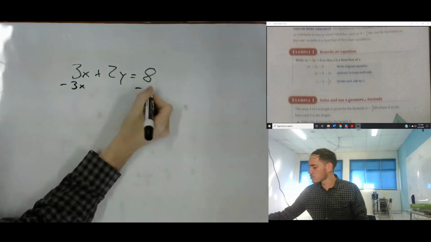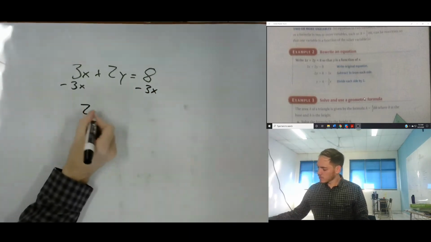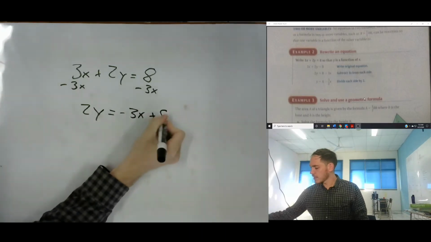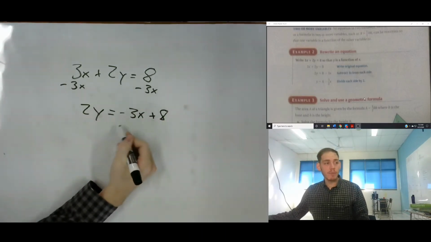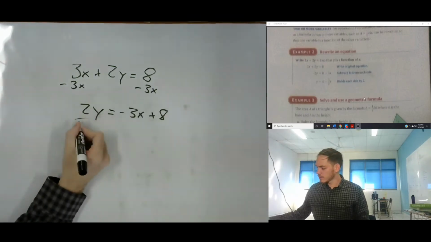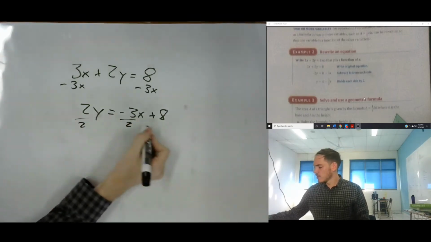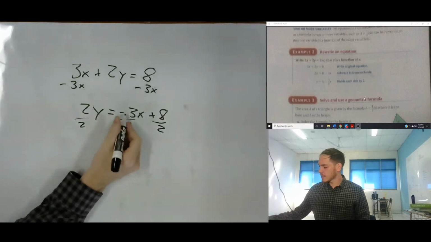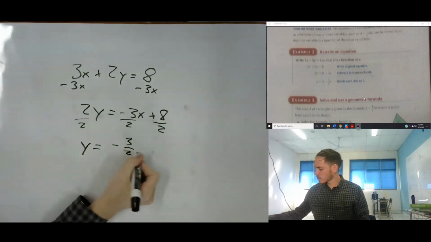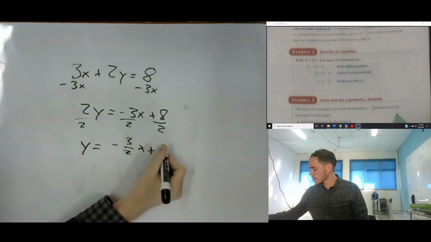So of course we subtract 3x, get 2y equals negative 3x plus 8. Now I order it from greatest power of x to least. And then we divide both sides by 2. In this case, this becomes y equals negative 3 over 2 x plus 4.